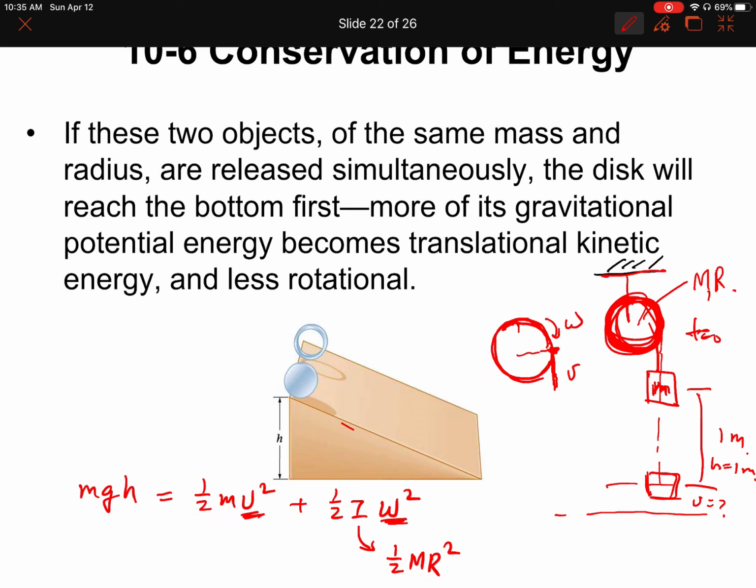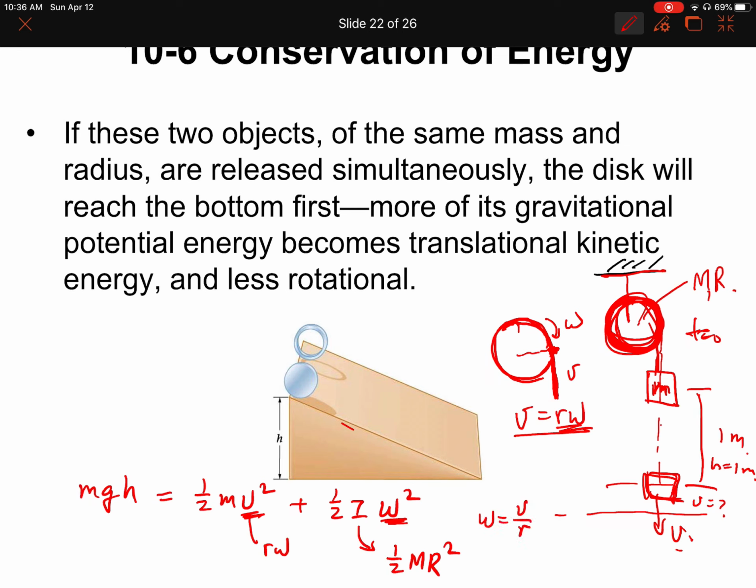The whole disk will rotate with omega, and the rope is on the edge, so the linear speed of the rope on the disk is R omega, the same as the linear speed of the rope on other parts. So the object will move down with speed v, and this v equals R omega, or omega equals v over R.